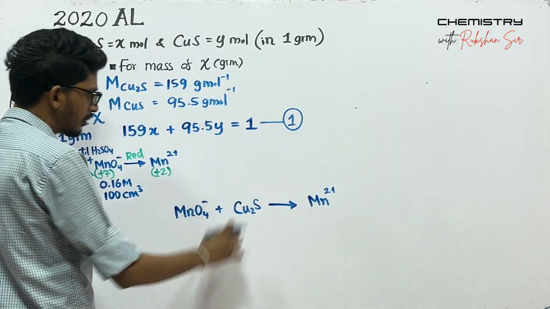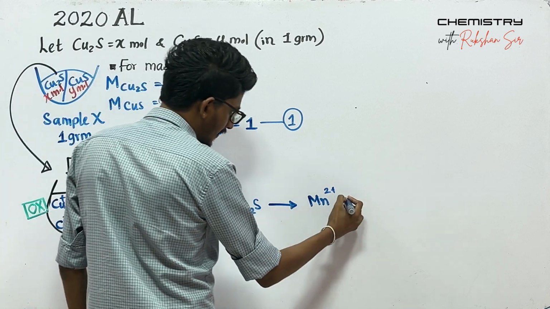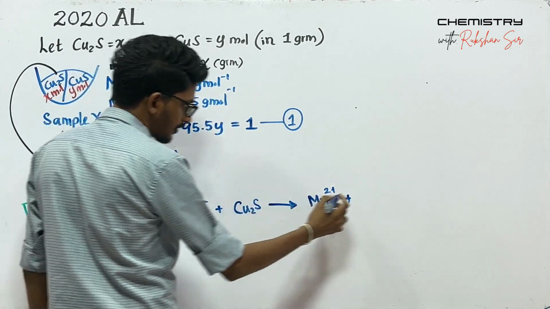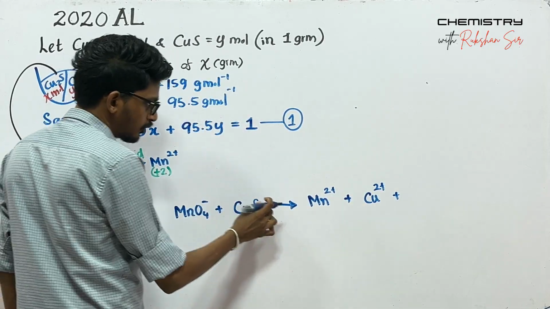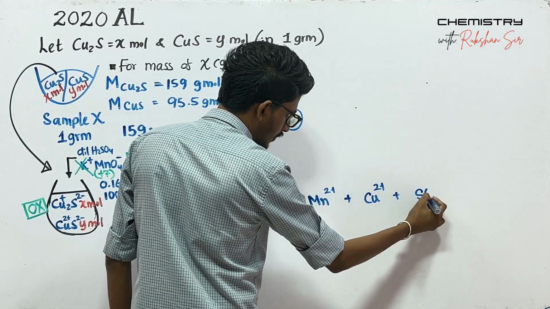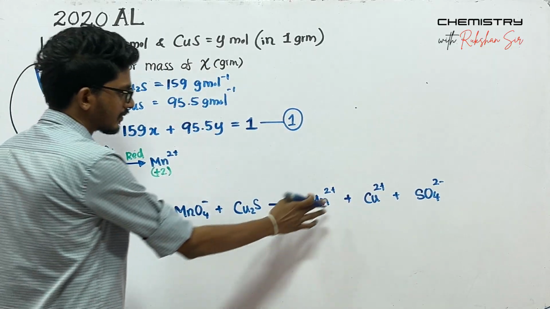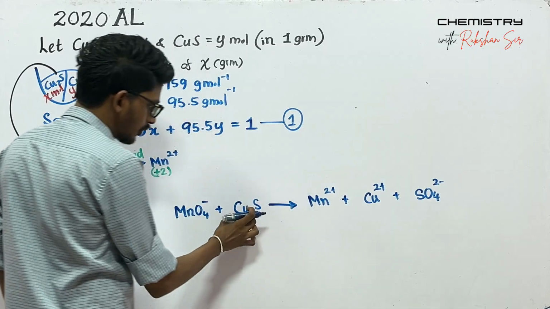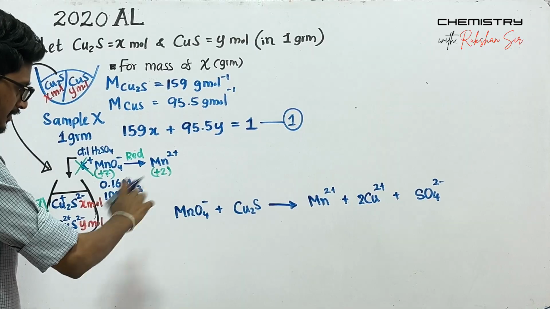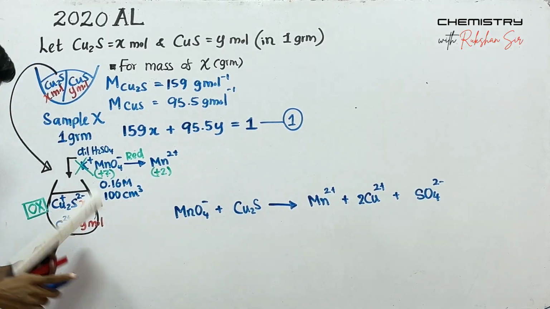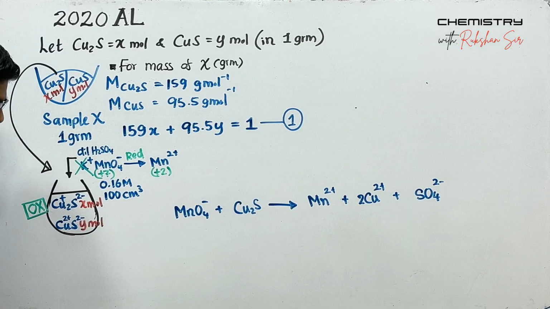This reduces to Mn2 plus, and the two ions will oxidize: the copper plus 1 oxidizes to copper 2 plus, while the S2 minus oxidizes to SO4 2 minus, right? When balancing, you need to apply some 2 here for the atomic balancing. So let's balance after considering the other one as well. That is about the Cu2S situation.